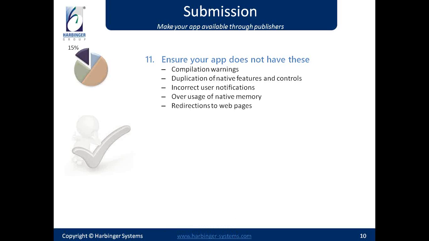Too many redirections to web pages should be avoided. And any improper application description in the submission phase may also lead to a rejection. Now these are the top 6 reasons why applications get rejected, and there are many more. So you also need to look out for the common rejection reasons.